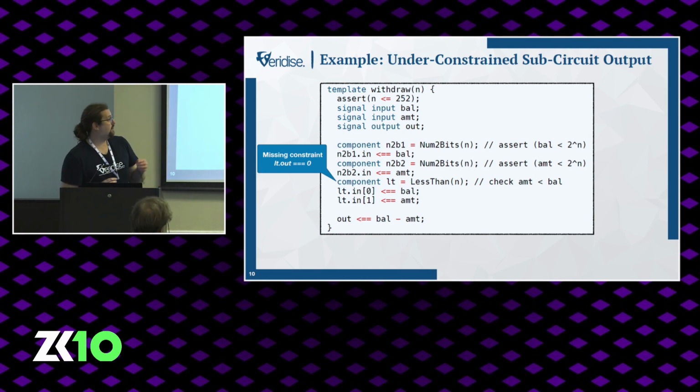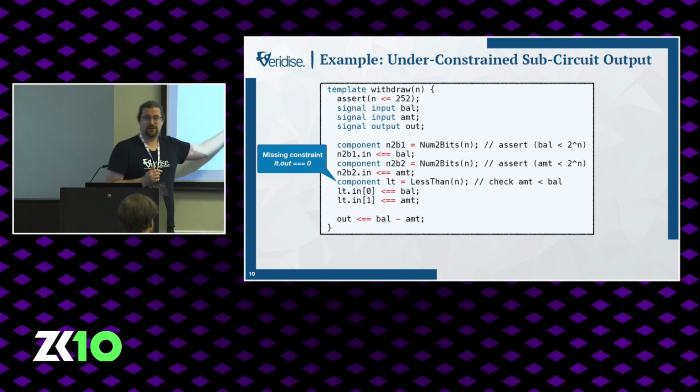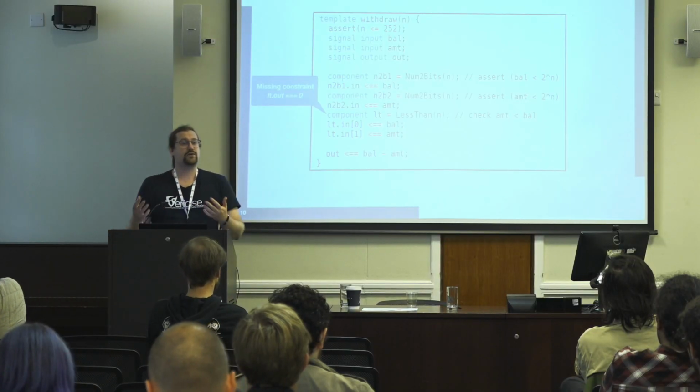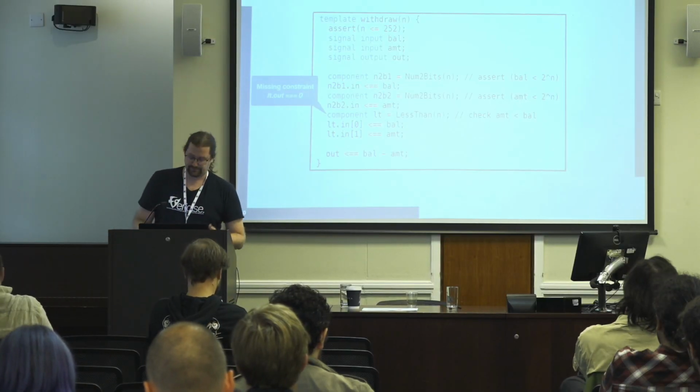Here, someone is performing this comparison, but they're never asserting that A has to be less, or that BAL has to be less than amount. Instead, that is completely undefined, so it's not actually enforcing the relationship that the user expects.